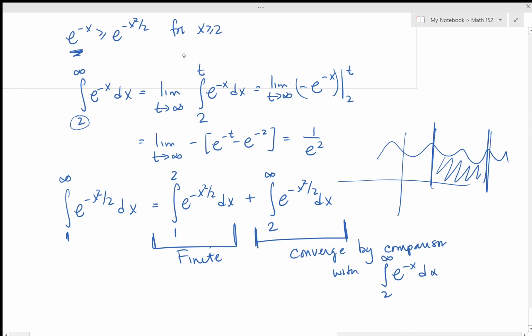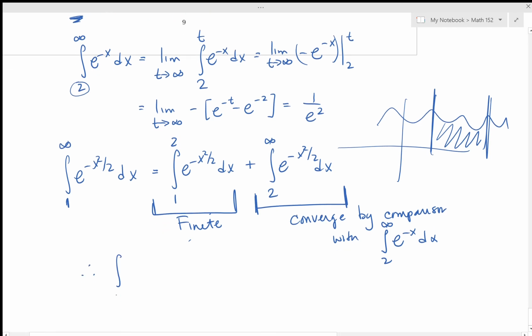So great. I'm taking some finite number plus some other finite number. I don't know what either one of them are, but when I add a finite number to another finite number, I get a finite number. So that means, therefore, the original thing I cared about converges.